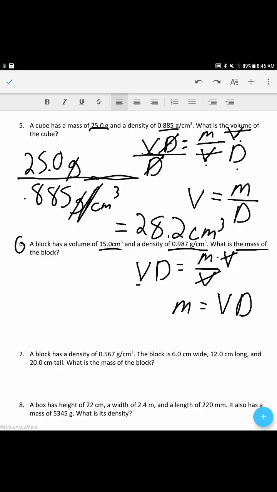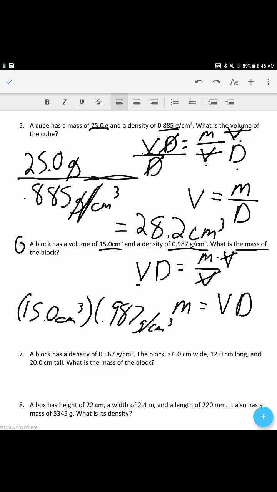Then we plug it in, so we get V, which is 15.0 centimeters cubed, times 0.987 grams per centimeter cubed.